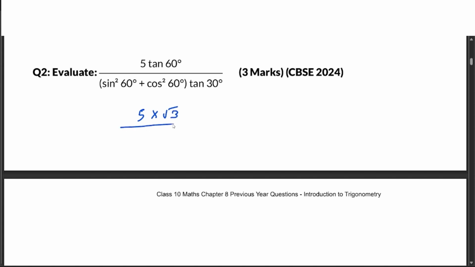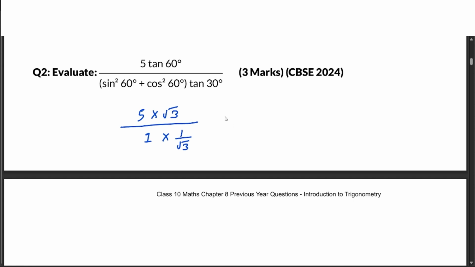And sine square 60 degree plus cos square 60 degree: you know one of the identities of trigonometry, sine square theta plus cos square theta is equal to 1. So this is 1, and tan 30 is 1 over root 3.